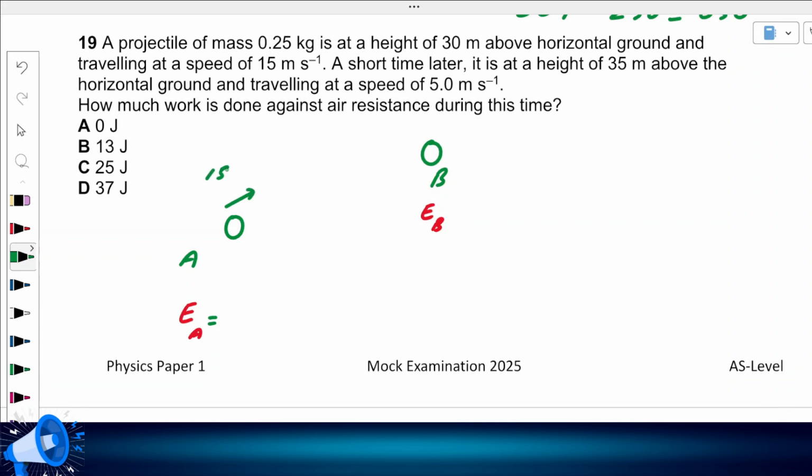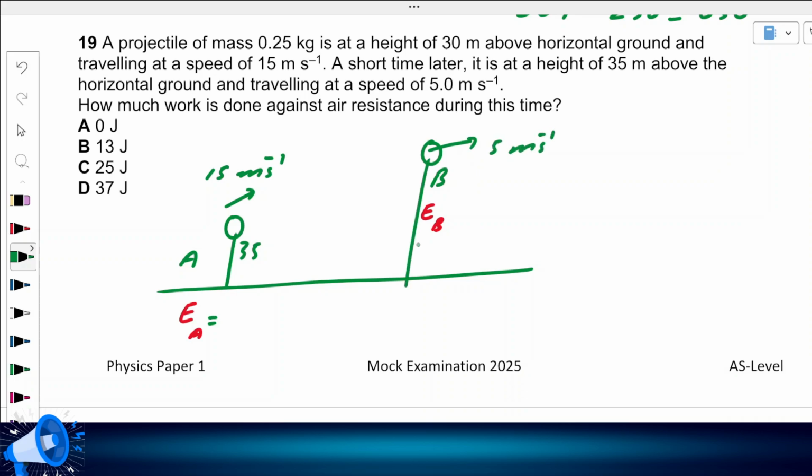15 meters per second. What is the height at A? It is 35. The speed at B is 5 meters per second. What is the height at B? It is 35. The initial height is 30. Initial height is 30. Now the final is 35.